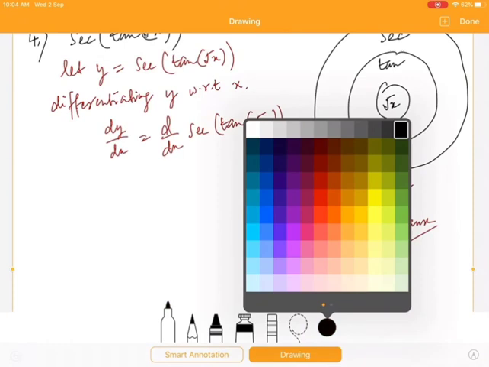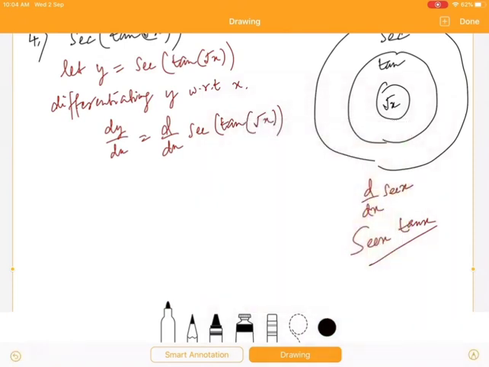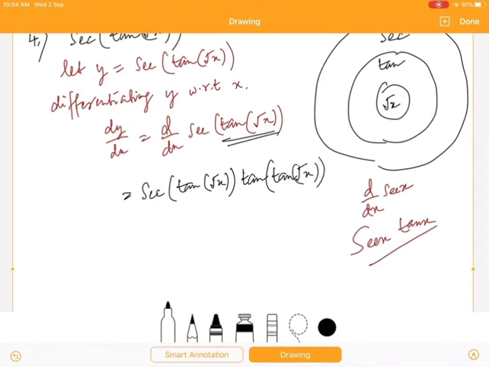So here, inside sec it is tan root x. So in place of sec x, it will be sec of tan root x, and tan of tan root x. So it is sec x tan x. Then we finished with our starter.